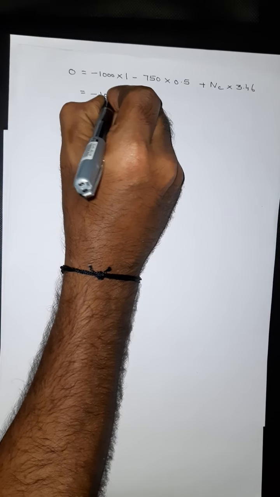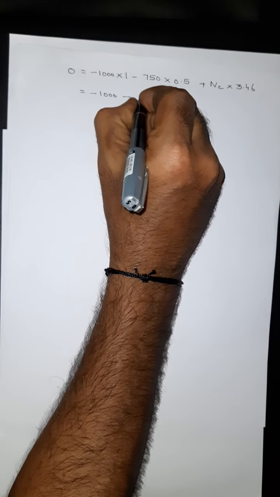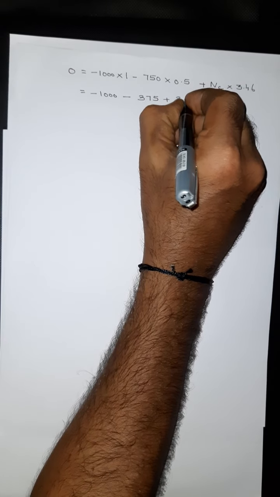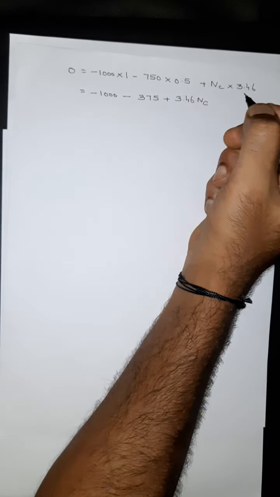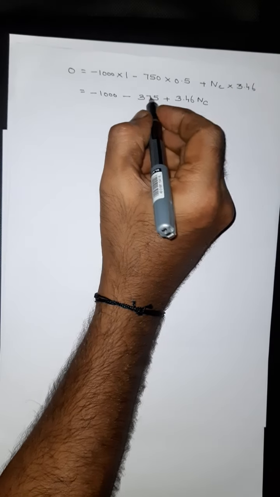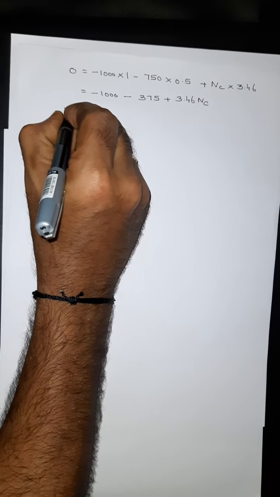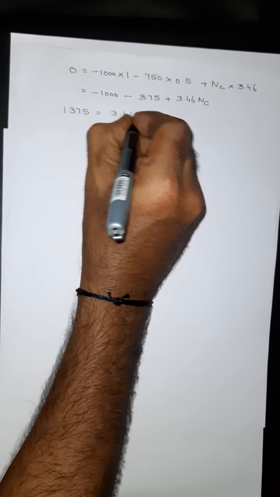This is 1000 minus 750 into 0.5, 375, plus 3.46 NC. Correct. So let us take these two values to the left hand side. So 1375 equal to 3.46 NC.